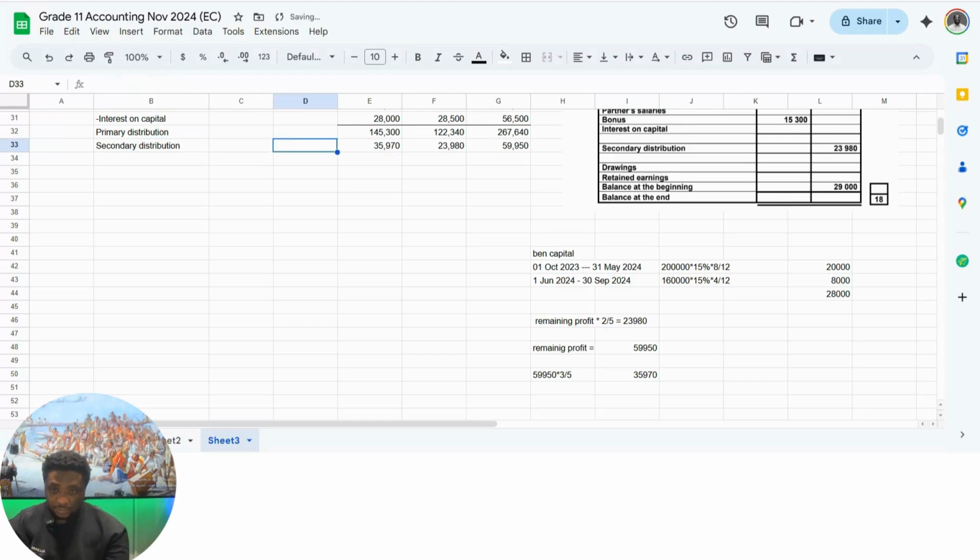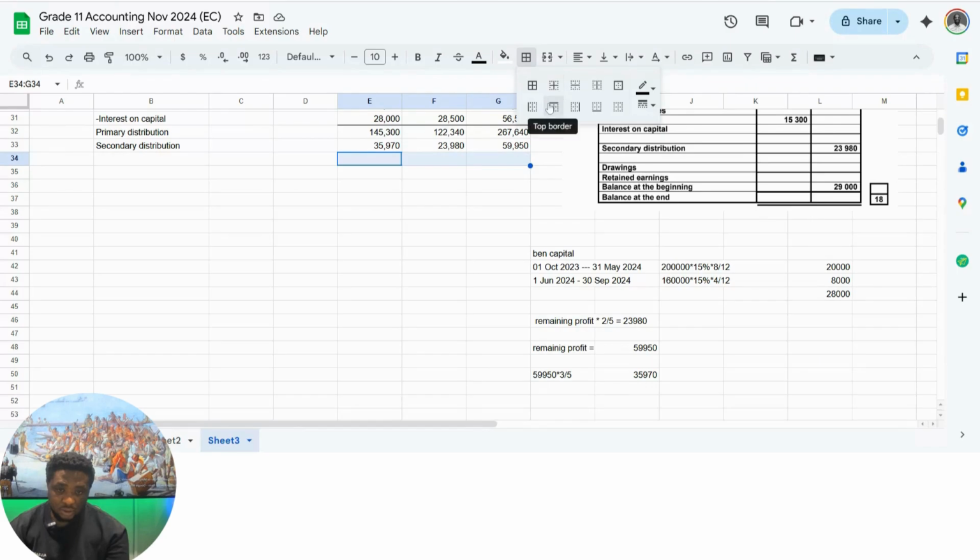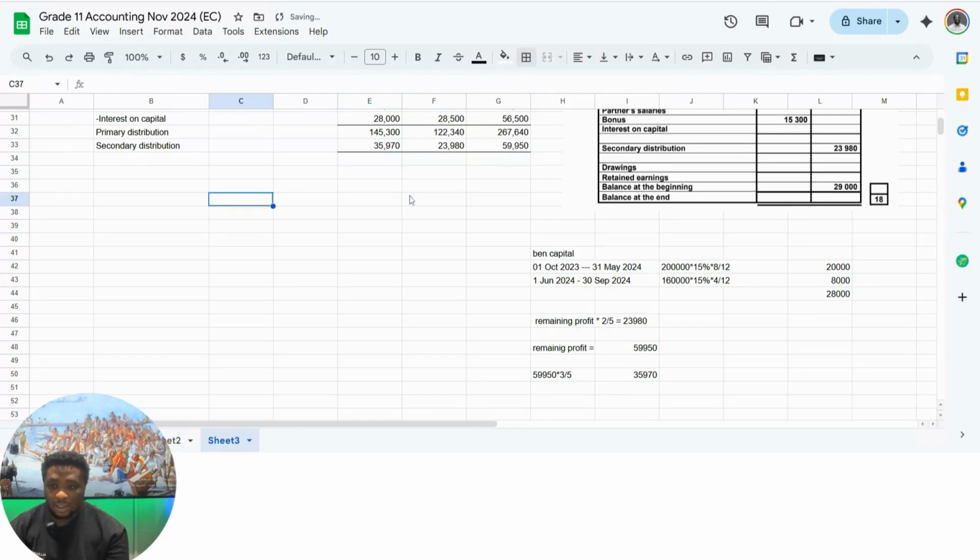All right, cool. So then after that, we would add up everything between primary and secondary, and adding your primary and secondary distribution actually gives you your net profit that you made for the year.